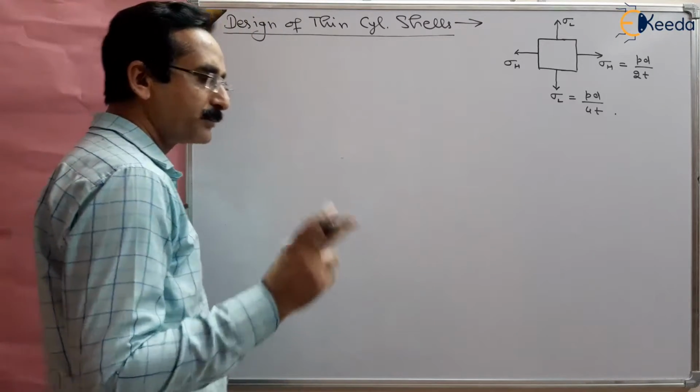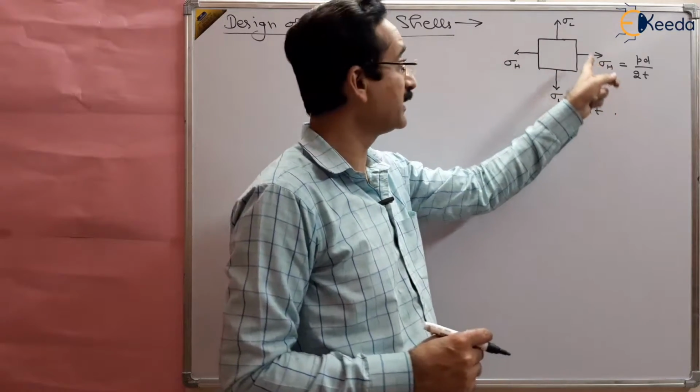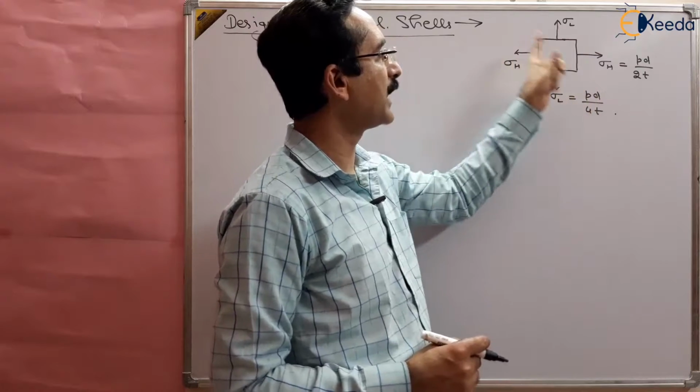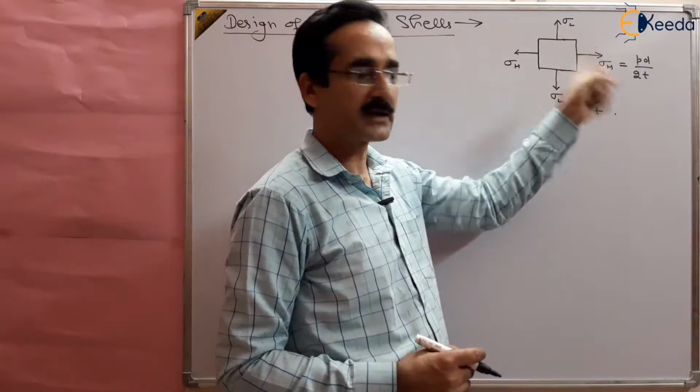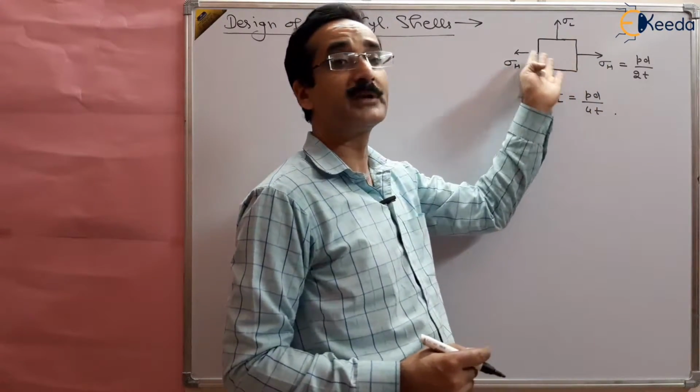And we know that on these planes there is no shear stress. A plane where there is no shear stress is called a principal plane, and the stresses on that plane are called principal stresses. So as there is no shear stress on these planes, these are already principal stresses.